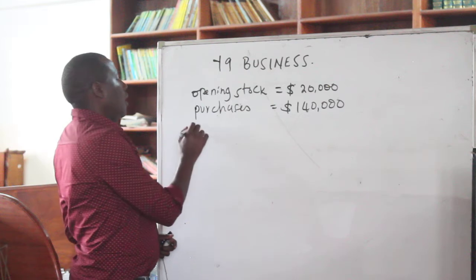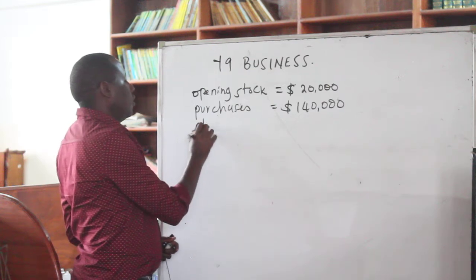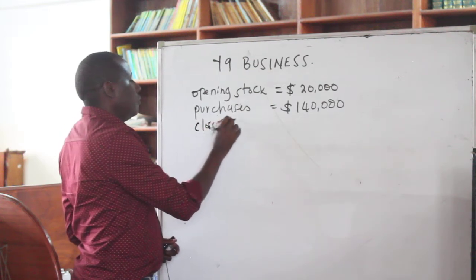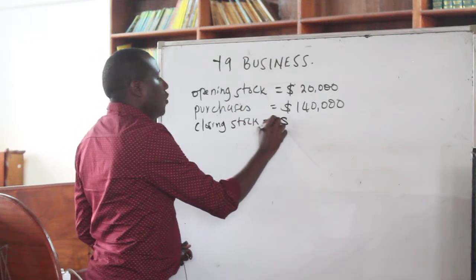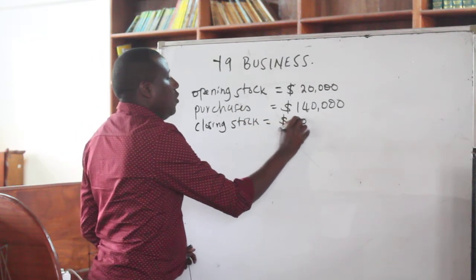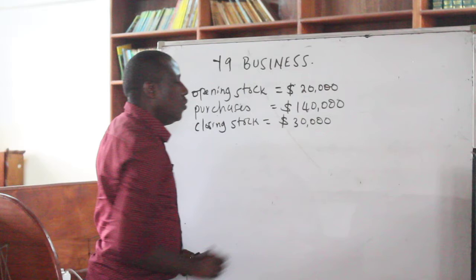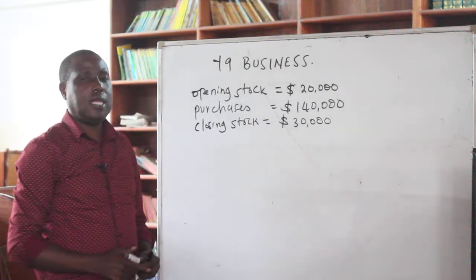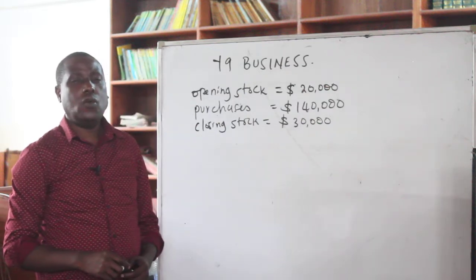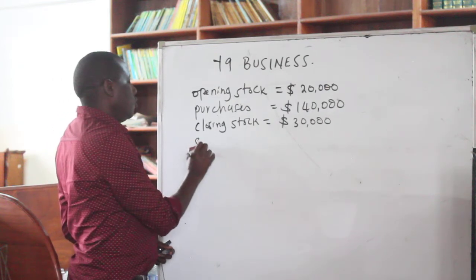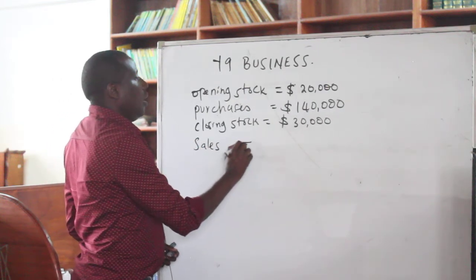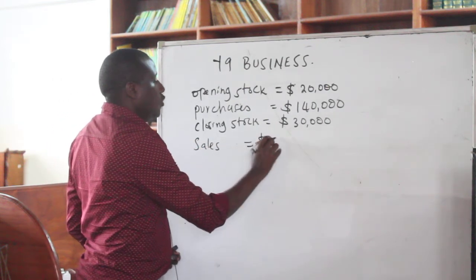Then, closing stock. At the end of the month, you realize that you have goods worth $30,000 with you. Then, you sold these goods at $240,000.